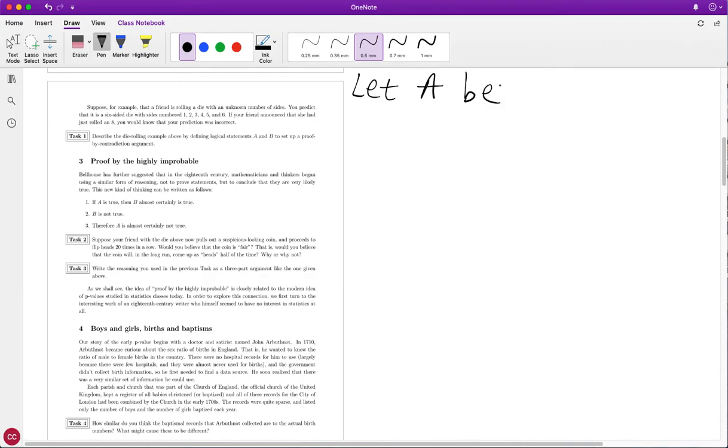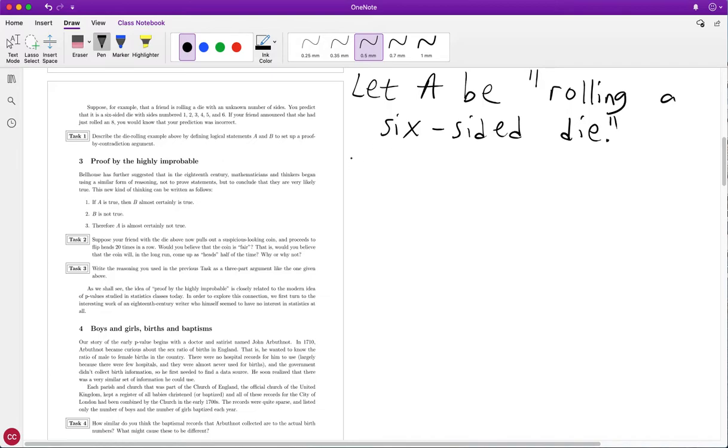be the following phrase: rolling a 6-sided die. Okay? All that is.